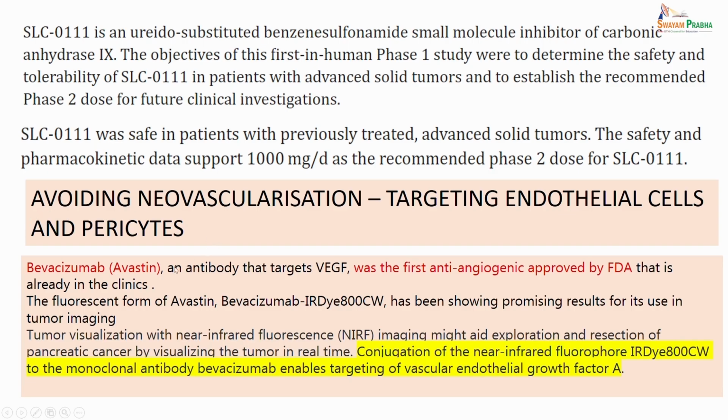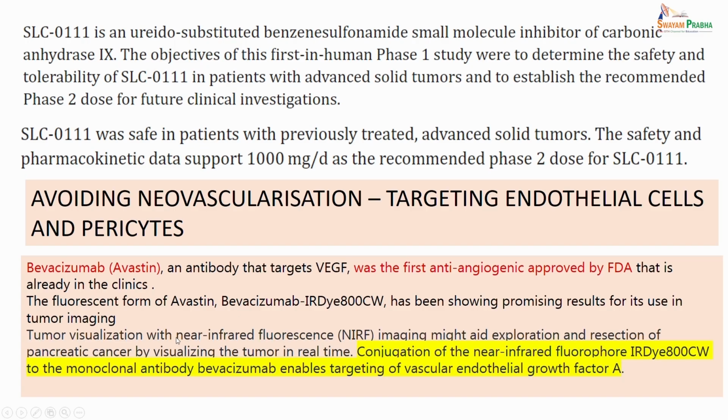Now, coming to the third aspect, avoiding the neovascularization and targeting the endothelial cells and the pericytes. Bevacizumab, Avastin, is a very famous molecule, an antibody which targets VEGF, and this was the first anti-angiogenic agent approved by the FDA, already available in the clinic.